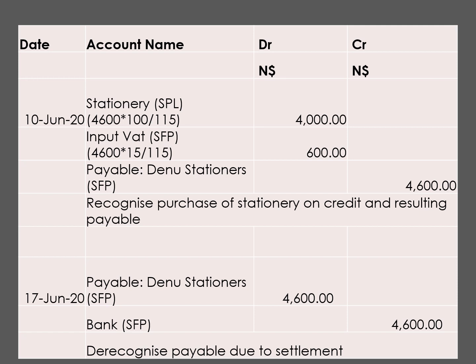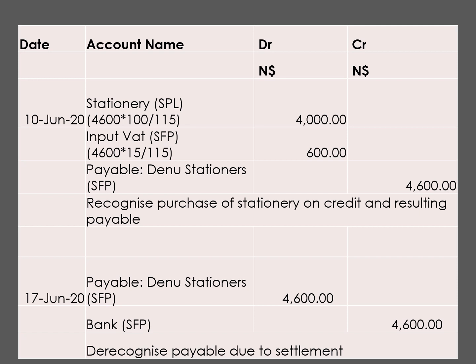To record the payment to Denu Stationers on 17 June 2020, we debit payable Denu Stationers with the settlement amount of 4,600. We then credit bank with the same amount.